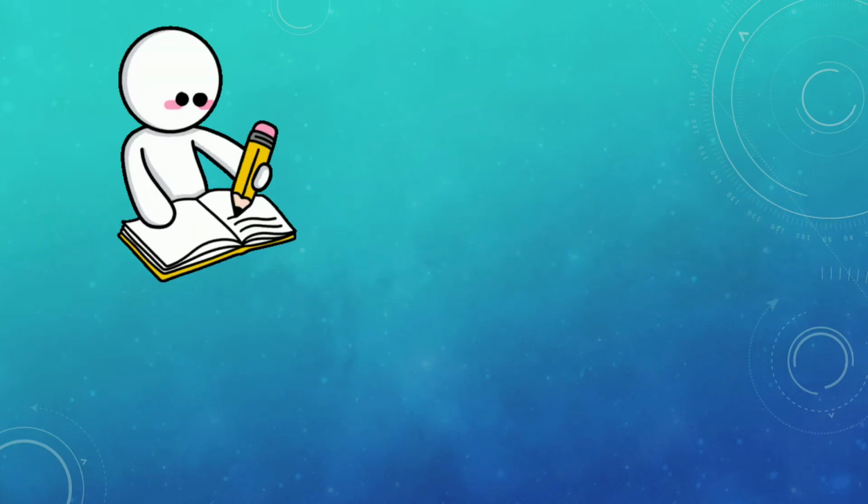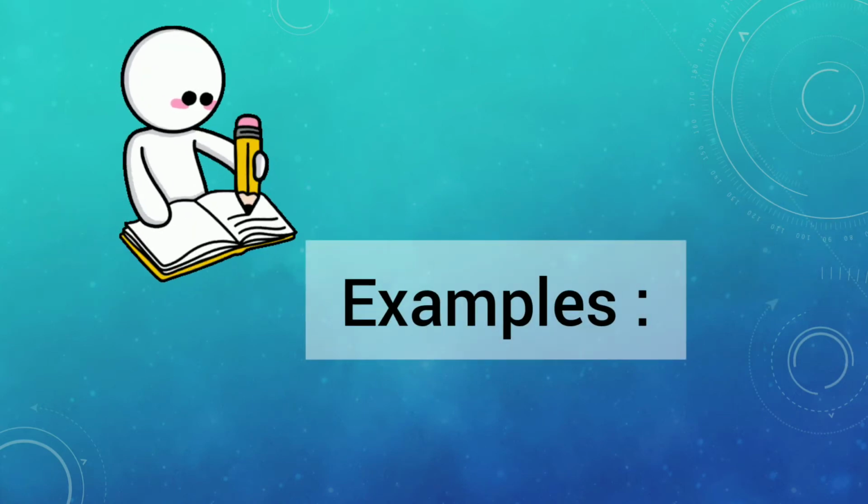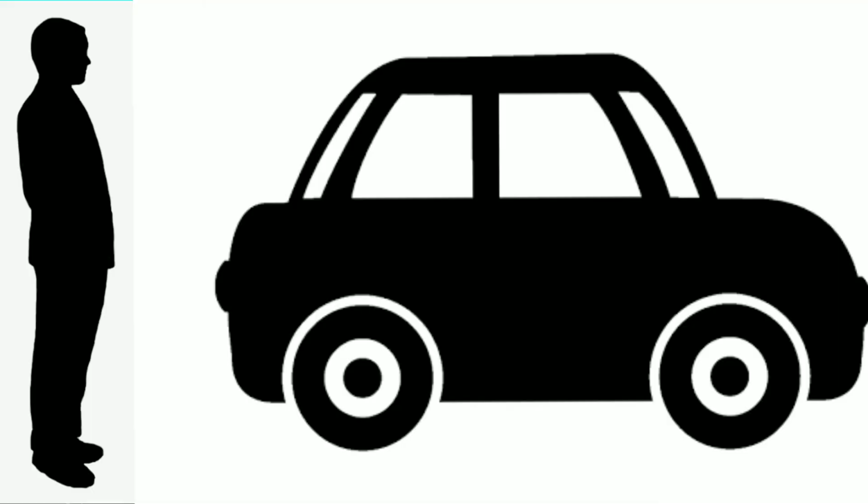Let's understand this with the help of some examples. Suppose a man is standing behind a stationary car. Since there is no interaction between the man and the car, no force acts on the car and hence the car does not move.